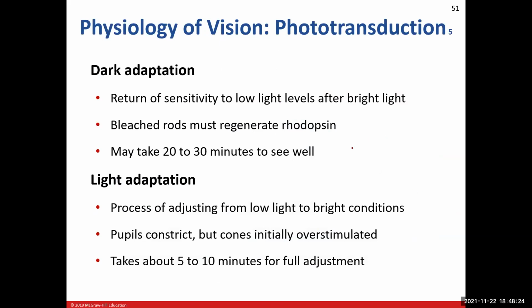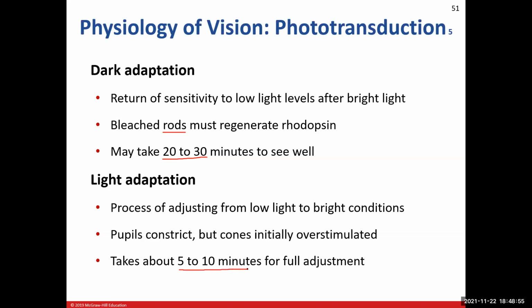When we're talking about the bleached rods, after the bleaching, it takes about 20 to 30 minutes. But when we talk about light adaptation, where the cones are affected, like for example walking out of a movie theater in the middle of the day into the bright lights, what we'll see is our cones don't take as long. They'll only take about 5 to 10 minutes.